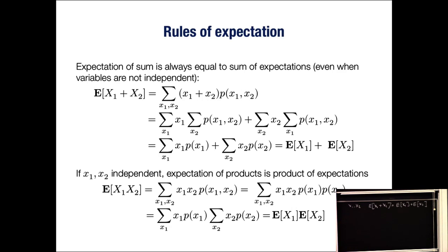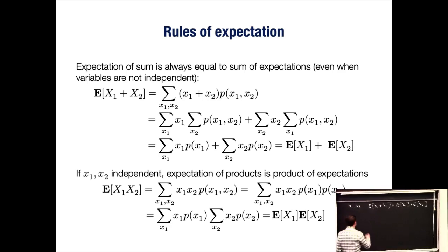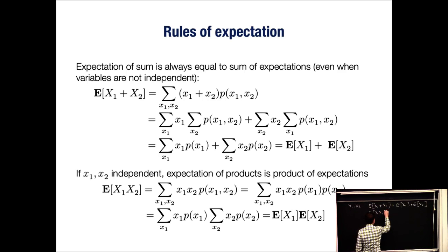But this always holds regardless of whether x1 and x2 are independent. And the proof is here. You basically just go through the definition of what expectation is, and you use the rule of marginal probabilities, and you get out this fact. The other relevant fact is that the expectation of the product of x1 and x2 equals the product of their expectations if x1 and x2 are independent.